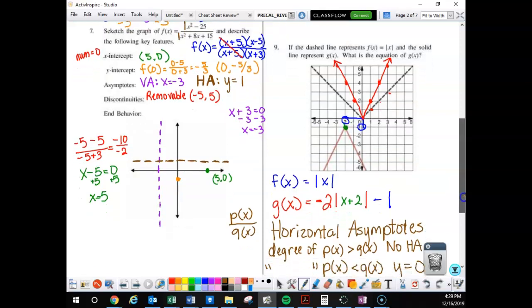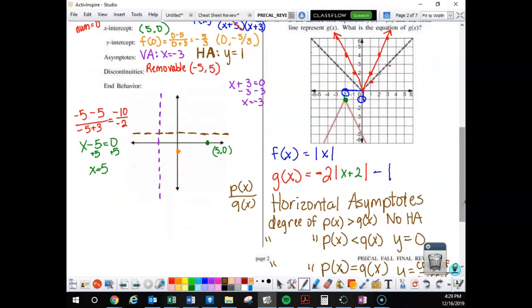And so I have a removable discontinuity at negative 5, 5. I also have one due to a vertical asymptote at x equals negative 3. So I have 2 different types of discontinuities. So negative 5, 5 would be over here. Let's do, this is 3, 4, 5. And this is 1, 2, 3, 4, 5. Something like that. Okay.